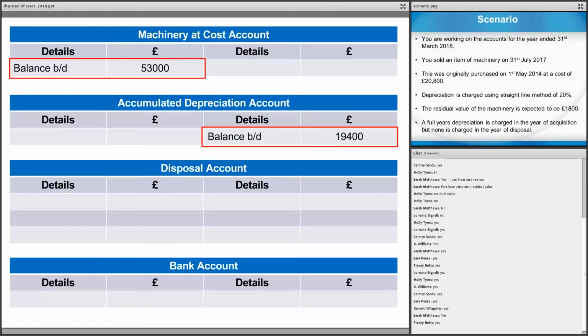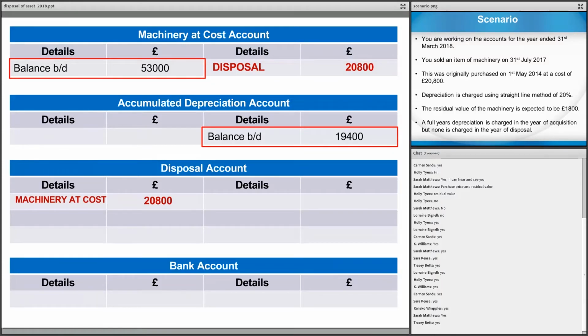Okay, so we're going to start disposing of the asset. Remember, I'm only disposing of the asset that cost £20,800, so I'm going to deal with that first. So I need to get it out of my machinery account, so I'm going to credit my machinery account, and the opposite entry is going to be my disposal account. So remember, when you put the details in, it's where your opposite entry's gone to.